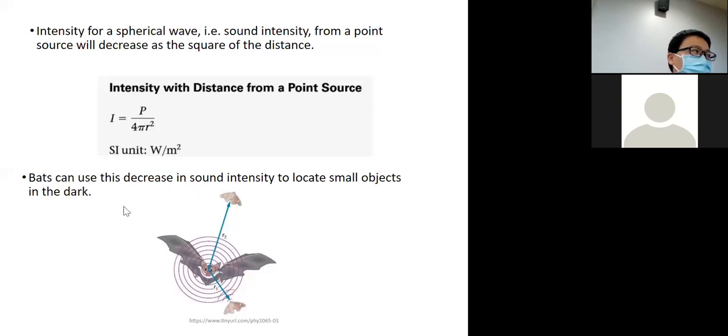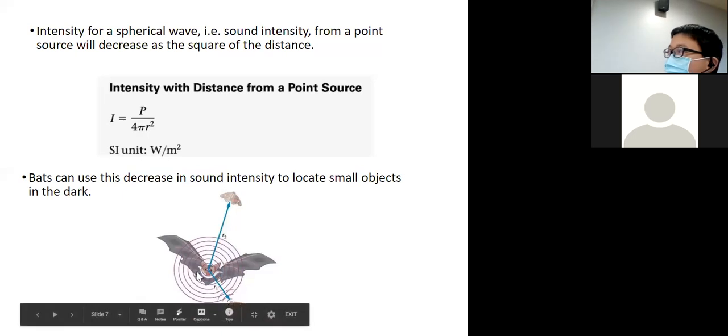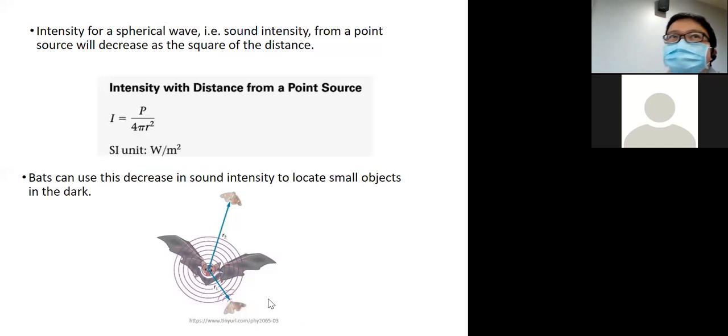Now in the biological world, some animals give out waves, sound waves. For example, a bat. A bat will give out a sound wave, and then according to the wave reflected back from the target, the mouse here, they can calculate how far the mouse is away from them. I guess they have a supercomputer in their brain.